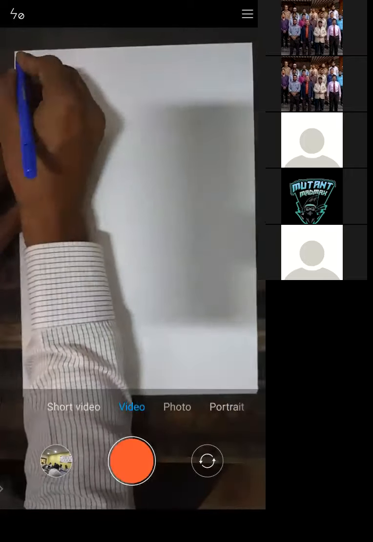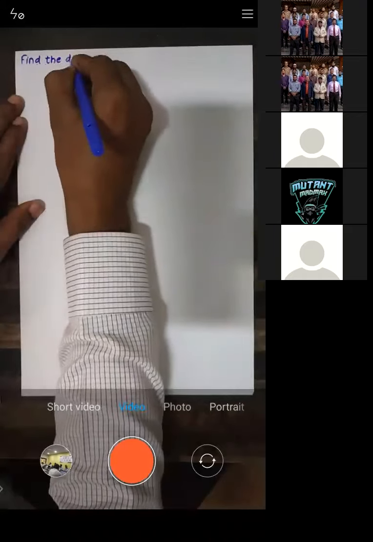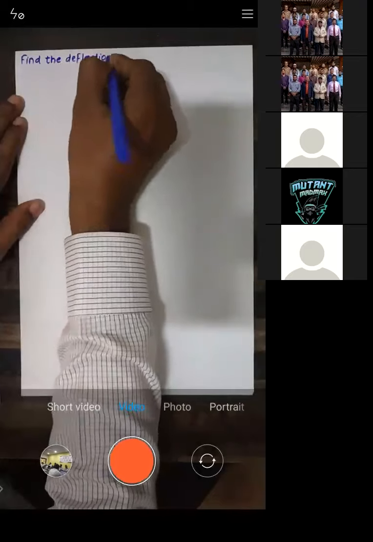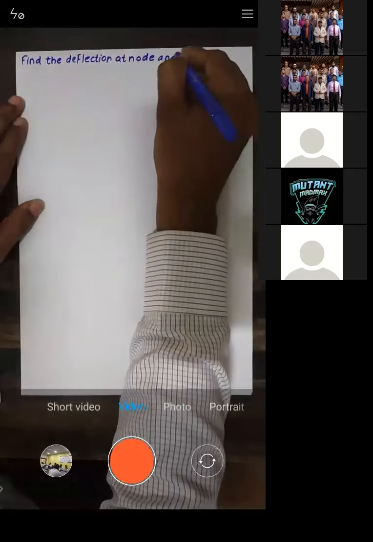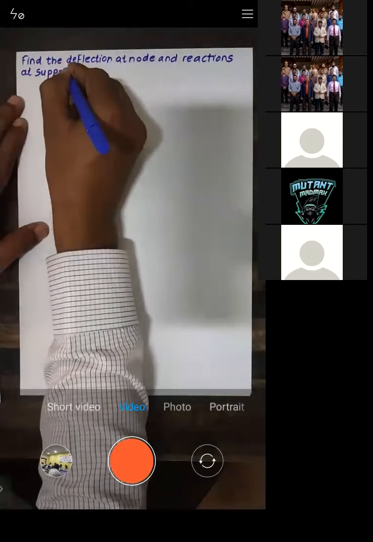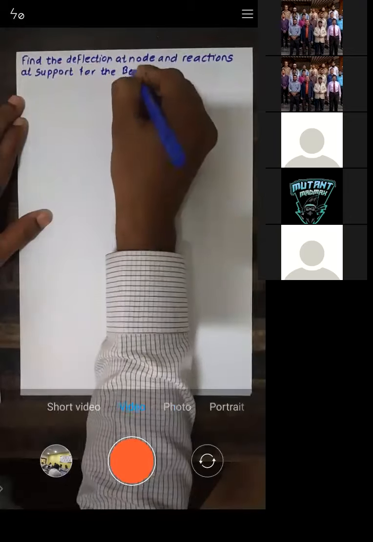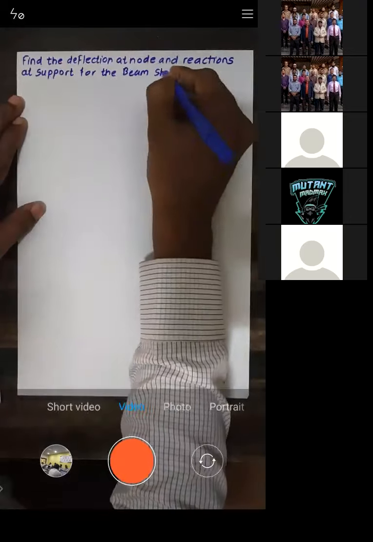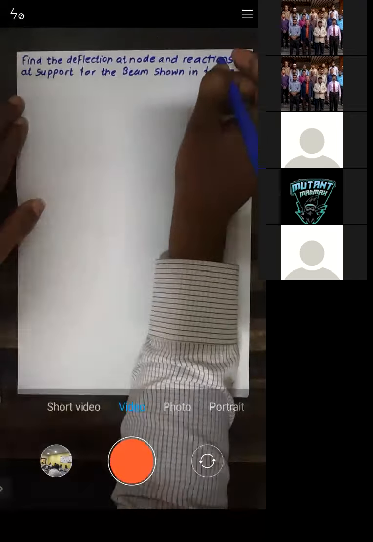Find the deflection at the nodes and the reactions at the support for the beam shown in the figure. So you just see what the problem is.